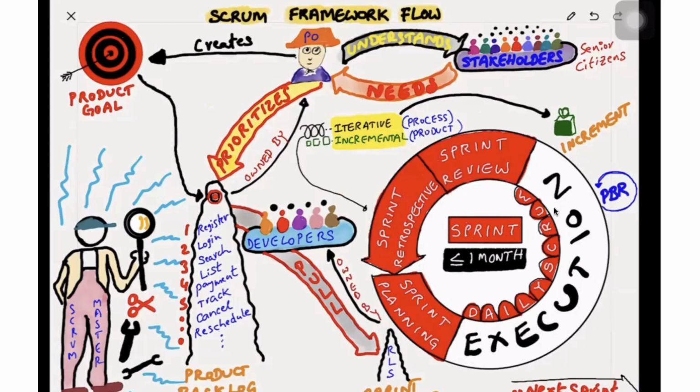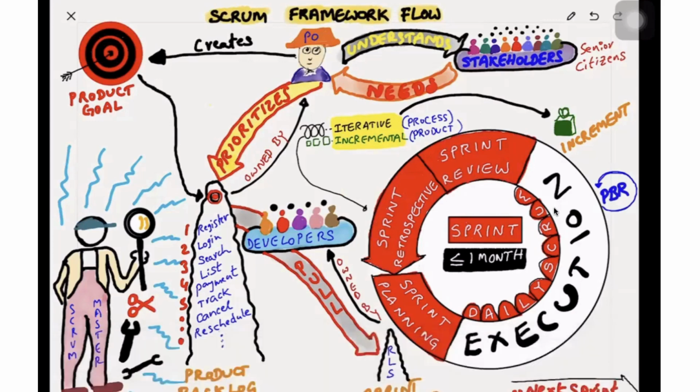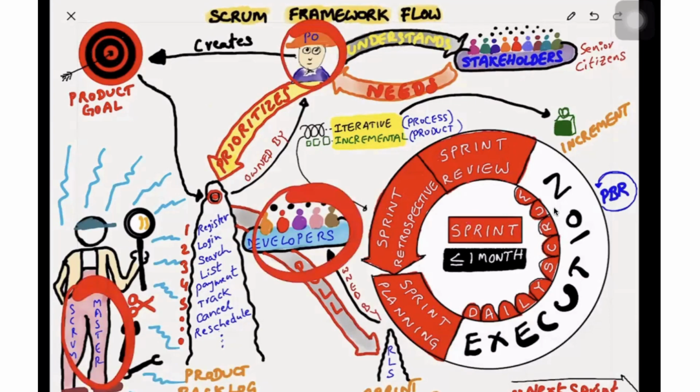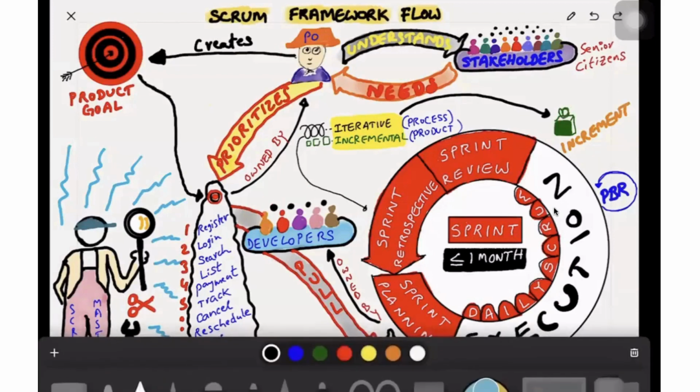So the elements involved in Scrum, we discussed in the previous sprint. There are 3 accountabilities called Scrum team. You can find them here: product owner, Scrum master, and the developers. And there are 3 artifacts in Scrum: product backlog, sprint backlog, and increment. And there are 5 events in Scrum.